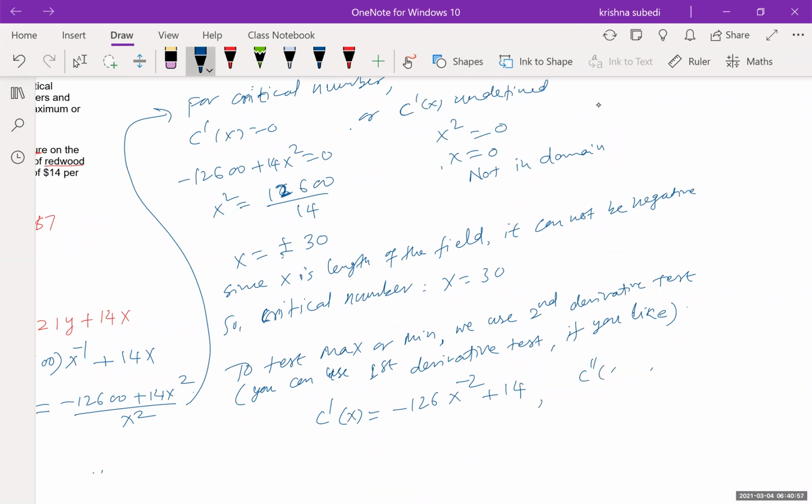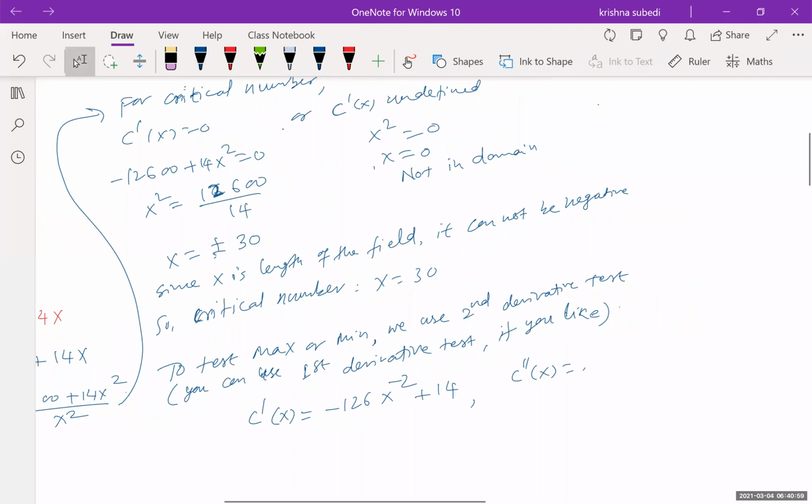So your second derivative is going to be 126 times 2, which is 252. Negative and negative will be positive, x to the power negative 3 plus 0. I don't have to write that 0. Or I can write this in a nice way, 252 over x cubed. So that's what I got.